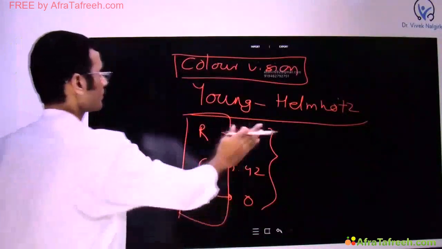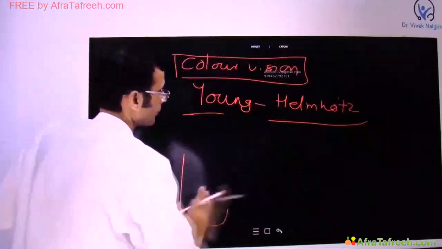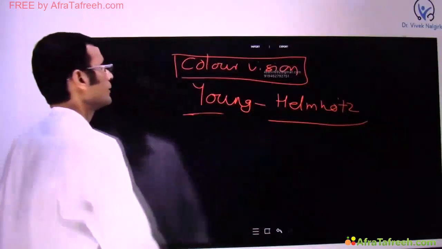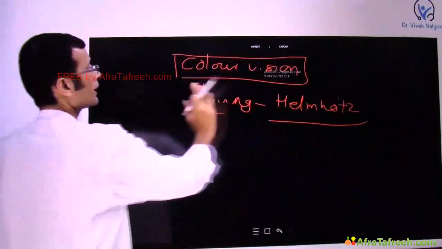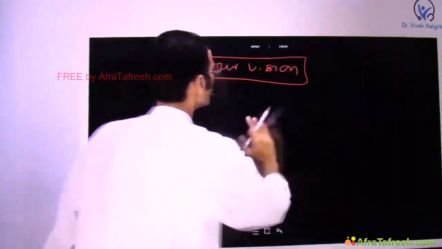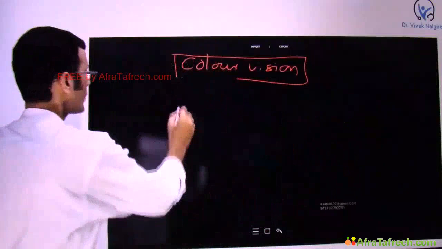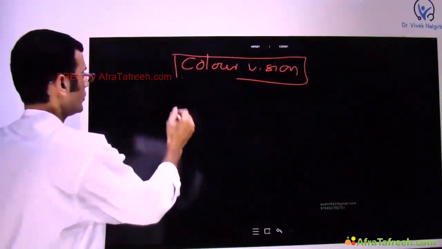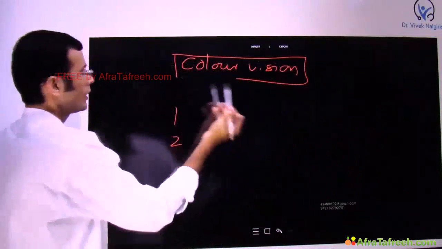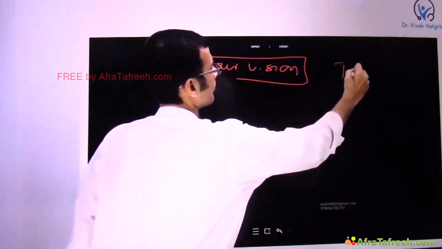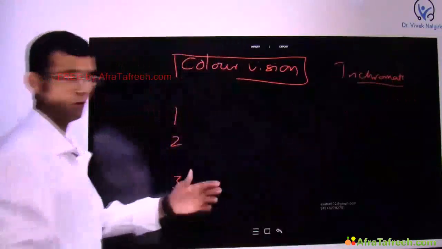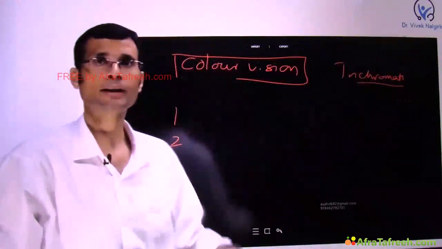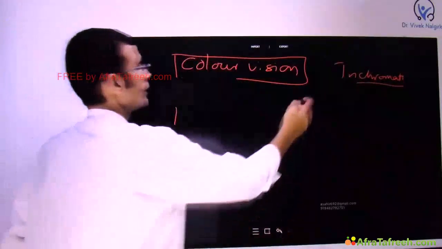And then color blindness. These three cones, these three colors rather, are given numbers 1, 2 and 3. So the trichromats will have all the three cones normal. That will be a normal vision.